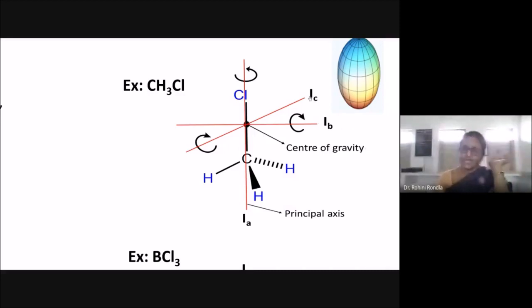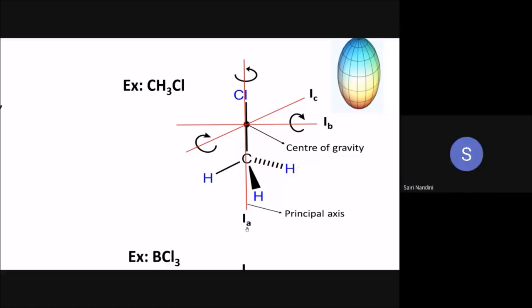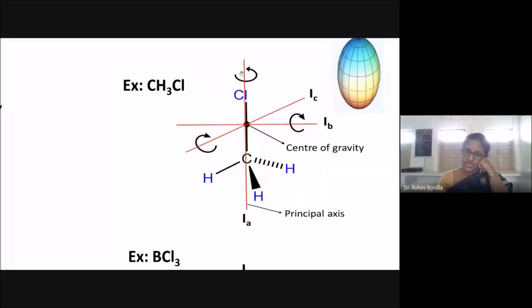Now rotation about the C axis. Here also the positions of 3 hydrogens and the chlorine atom are changing. Now my question is, which moment of inertia is higher than the other two? IB and IC. Rotation about the A axis, positions of 3 hydrogen atoms are changing.